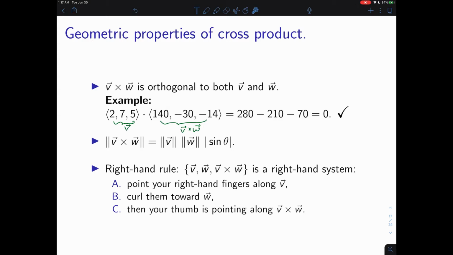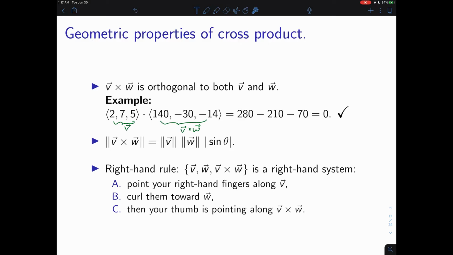Let me talk through the right-hand rule on the slide, and then I'll cut over to camera to show you how it works in real life. The right-hand rule is that these vectors form a right-hand system.